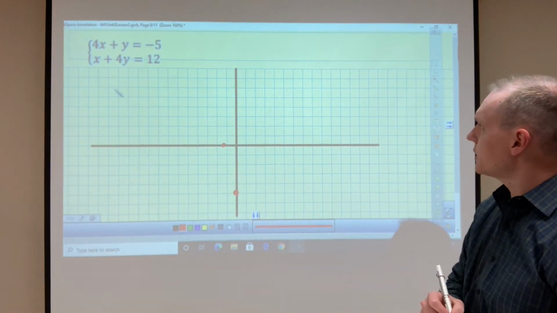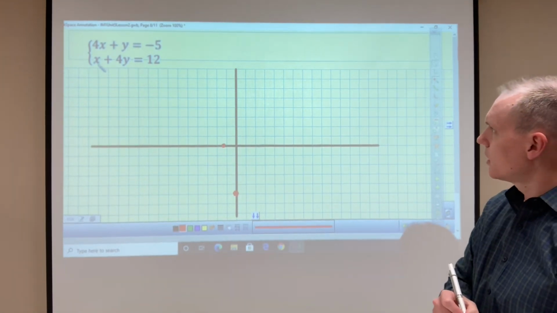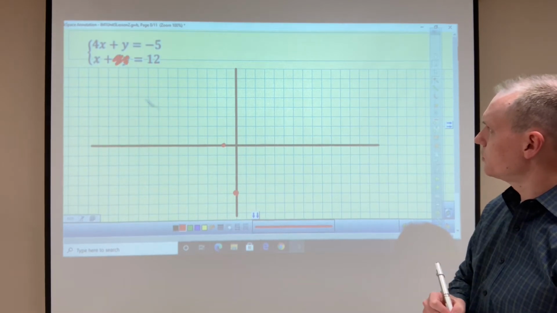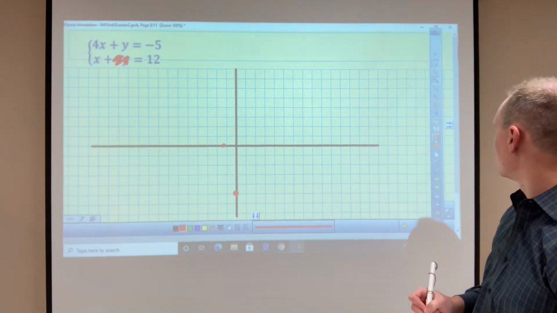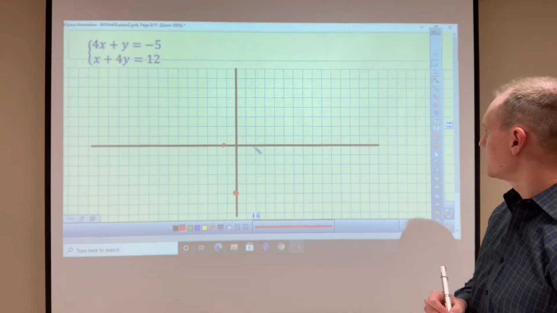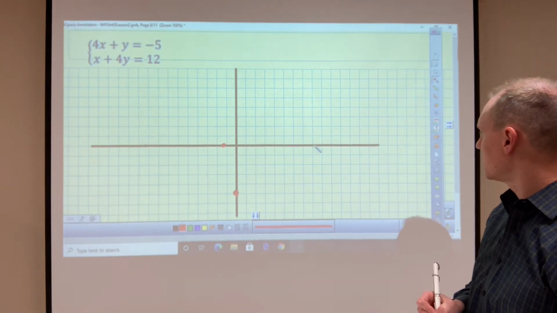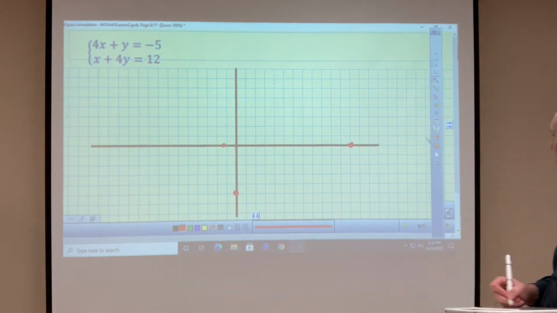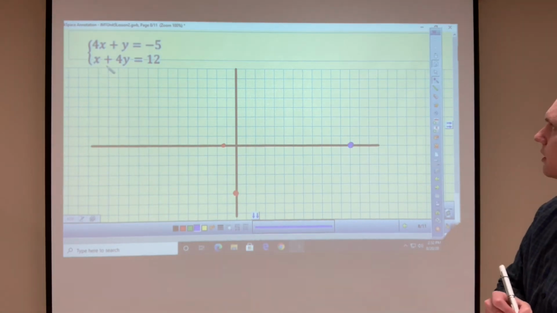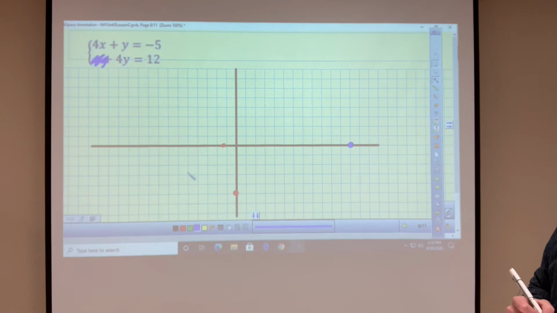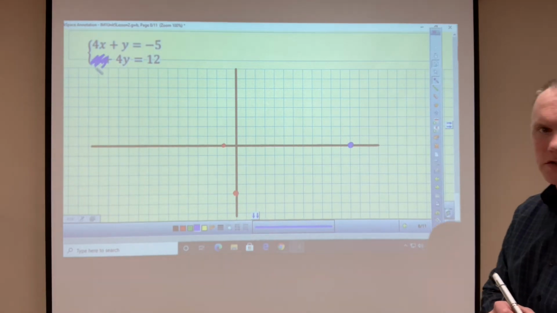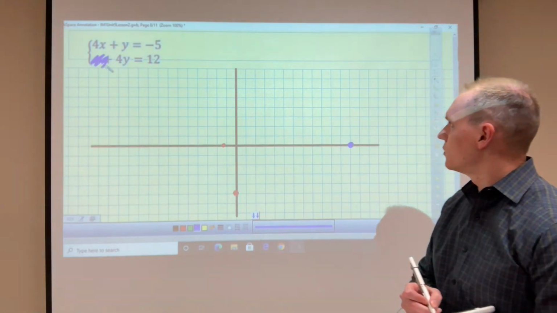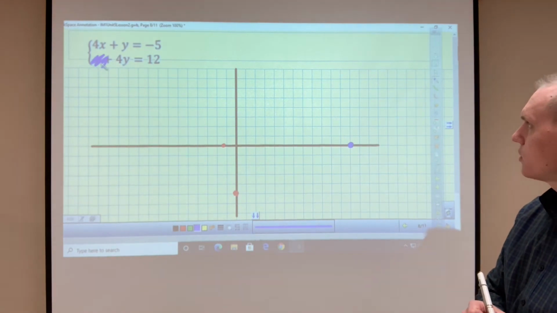All right, and then next we have the x-intercept here would be 12, right? 1, 2, 3, 4, 5, 6. Right there. I'll do that in a different color, maybe blue. And then our y-intercept, to cover up the x, again we're just substituting 0 for the x value, is going to be 12 divided by 4, which is 3.